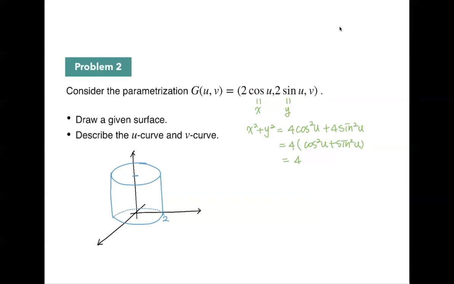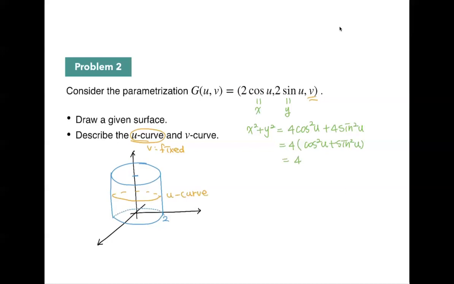So this is the cylinder, and actually we draw the u curve and v curve. The u curve means v is fixed, right? So if v is fixed, this curve, the circle, is the u curve.